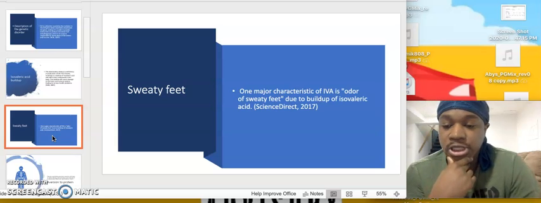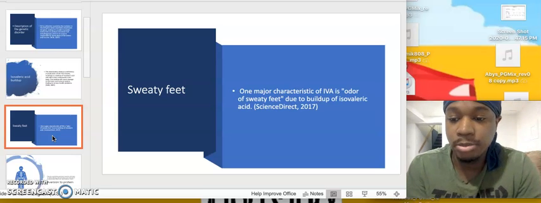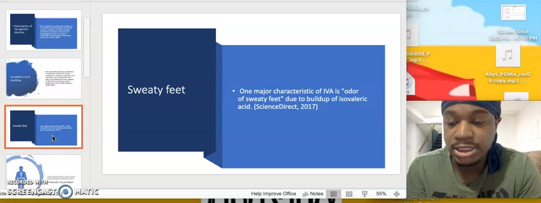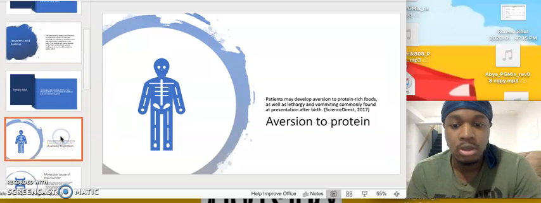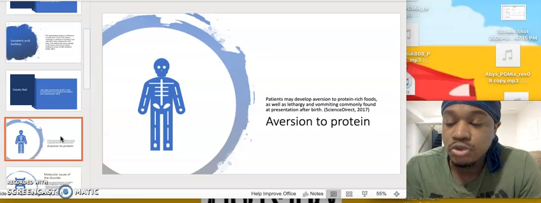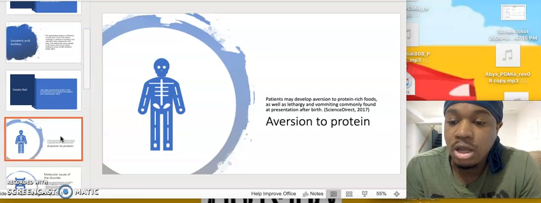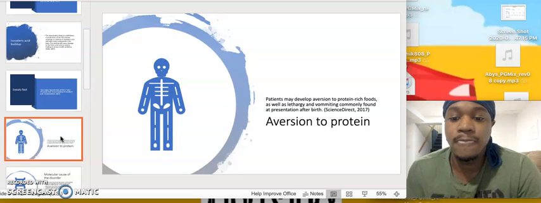So one characteristic for this disorder is an odor of sweaty feet, which is caused by the buildup of isovaleric acid in the body, essentially. Another characteristic of this disorder is aversion to protein-rich foods, as well as lethargy and vomiting, which is commonly found at presentation after birth.